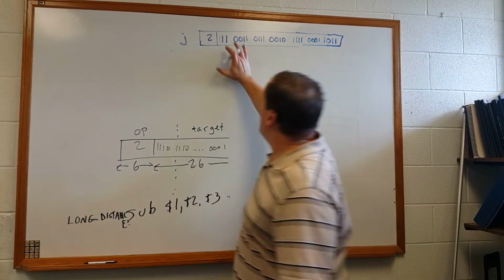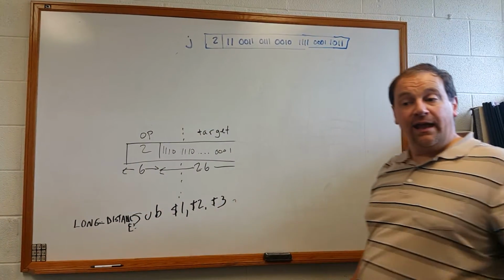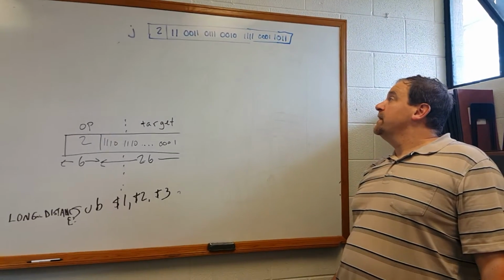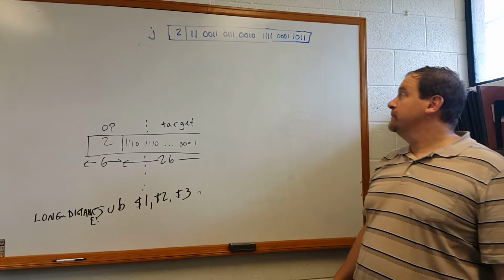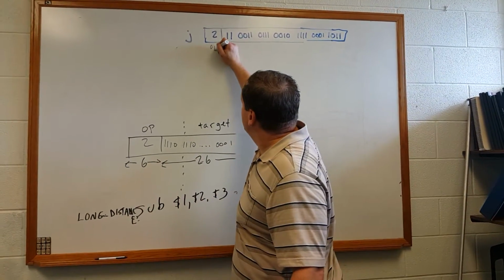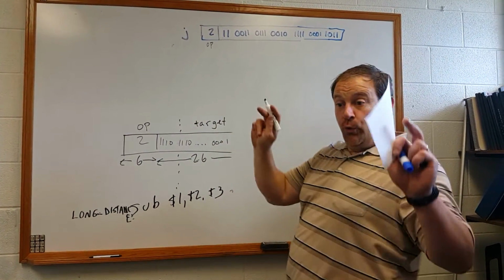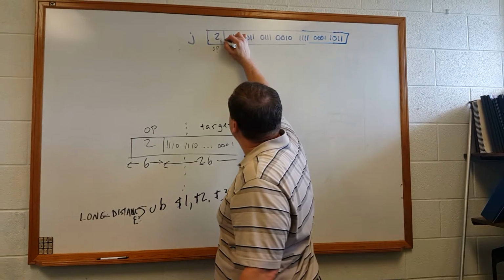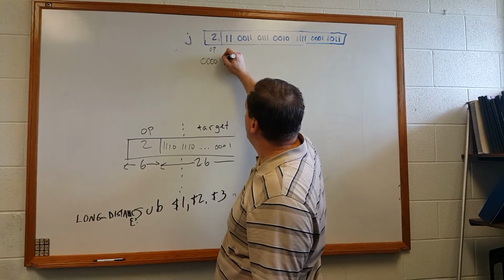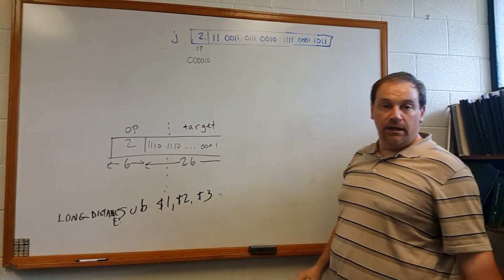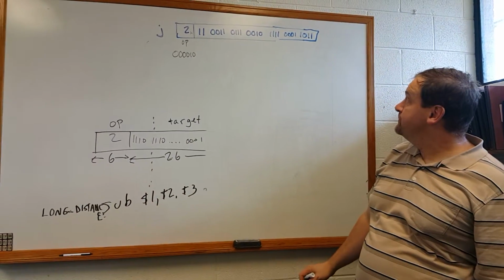Okay, so I walk up to you on the street and I say, this is the encoding for a jump instruction. The opcode field contains a 2 in decimal, which means it contains 000010 in binary.